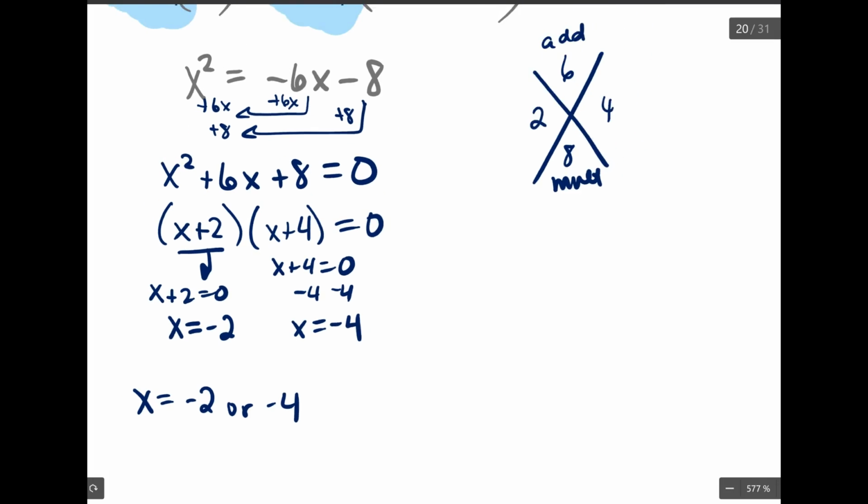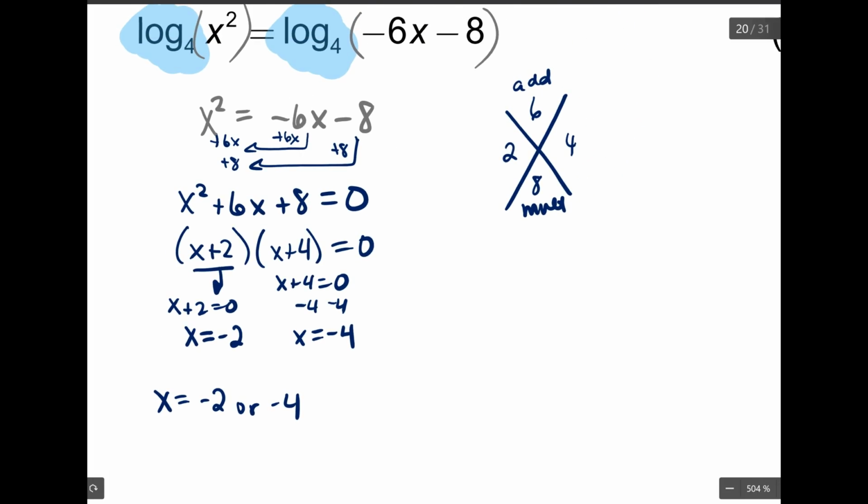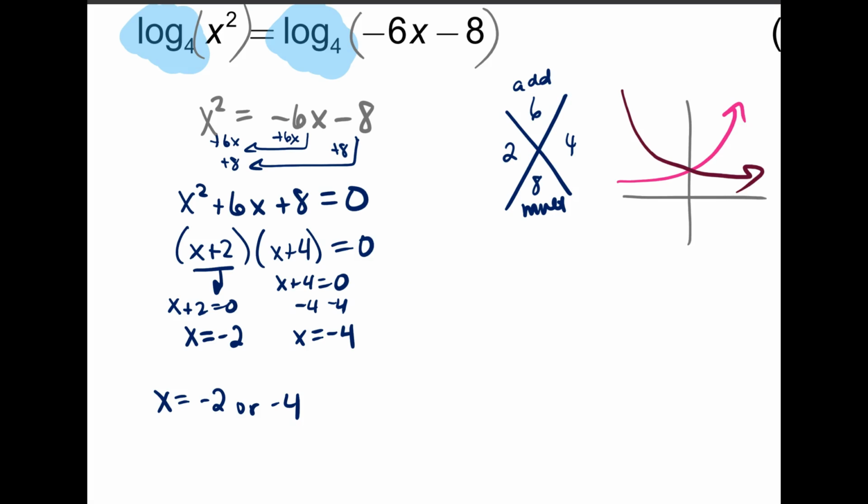But I need to actually check my answer. I need to see, will this actually be true? Because remember how we graphed exponential functions and they look something like this, either growth or maybe decay. And we had an asymptote at the x-axis.